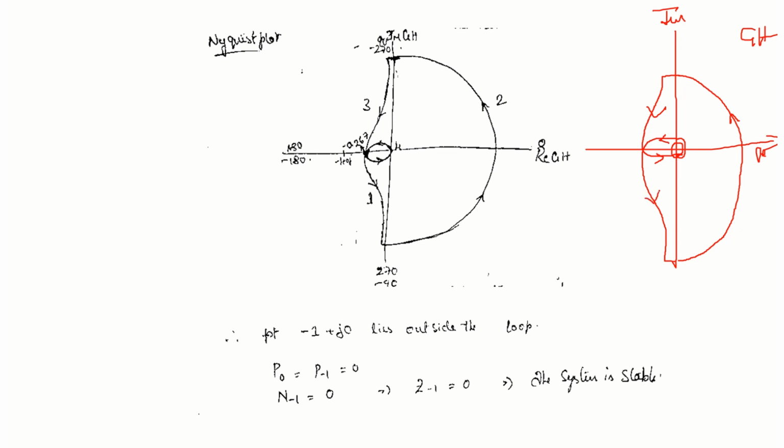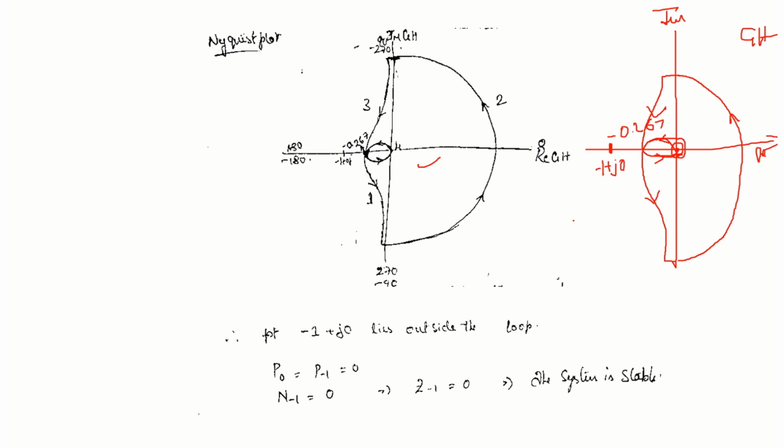This is a circle of 0 radius, finally make it a point like this. That's how you get the final plot. This value is minus 0.267. Your minus 1 plus j0 lies here.